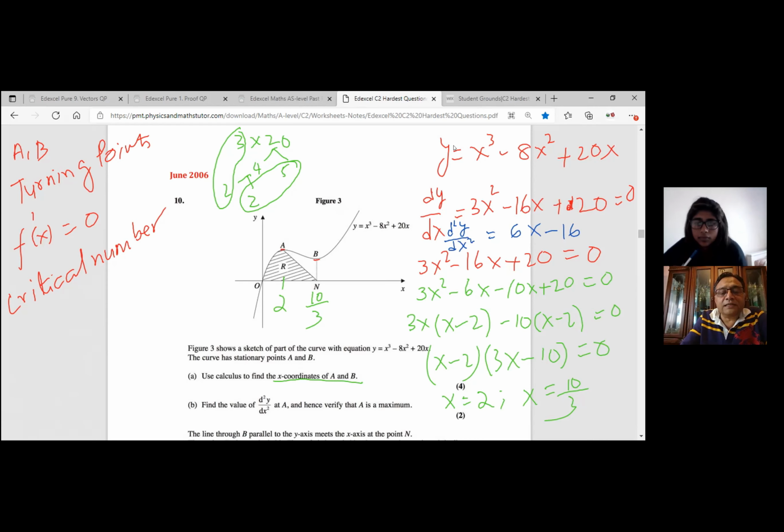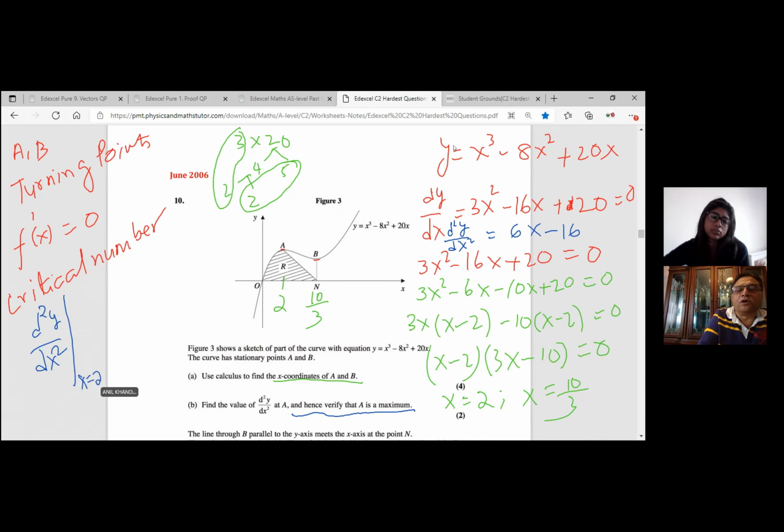Now it says, hence verify that this is a maximum at x equals 2. If I put 2 here, do I get a positive or a negative value? Negative. Correct. So d2y over dx squared at x equals 2 is 6 times 2 minus 16, which is 12 minus 16, which is minus 4.